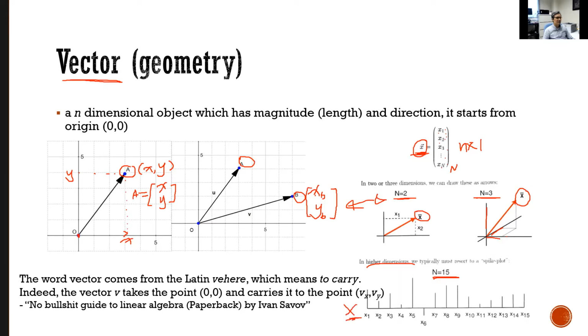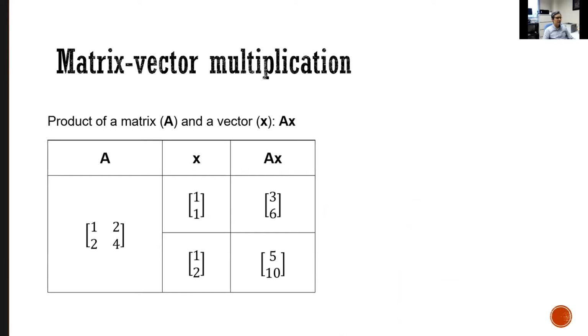Think about this as a cell in our single-cell RNA-seq study, and then you will have n genes to describe the position of this cell in the high-dimensional space. So that's a geometric interpretation of the vector. On the next slide, I'm going to show you an example of matrix and vector multiplication. That's the key to understanding how a matrix can be used as a transformation or as an operator.